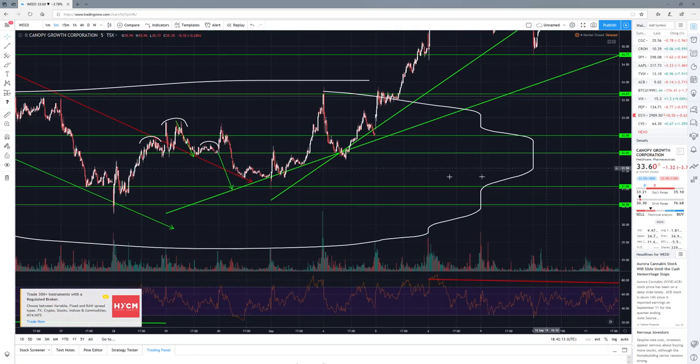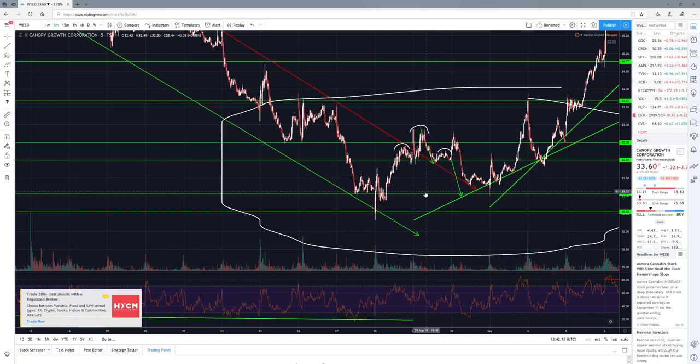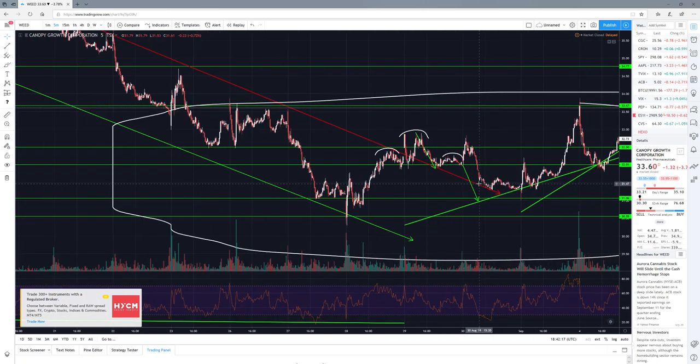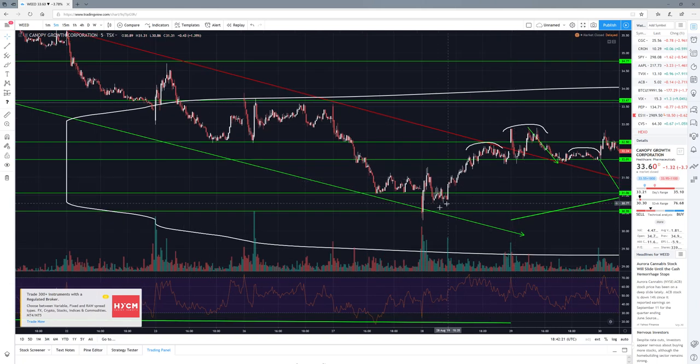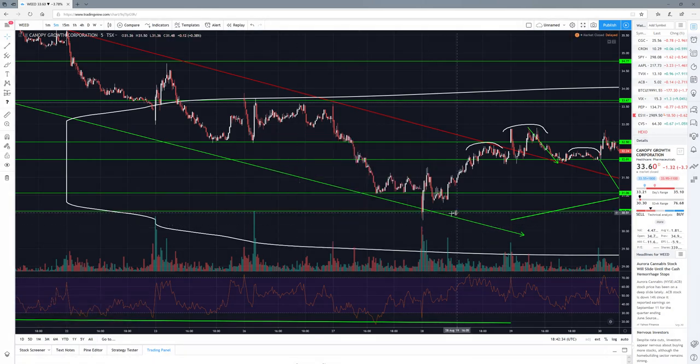5 minute time frame. I always look at the 5 minute when I'm looking for an entry or exit. I don't always just buy by setting bids, unless I'm really confident. So I waited here. I didn't just set a bid. It gapped down, got bought up very aggressively.